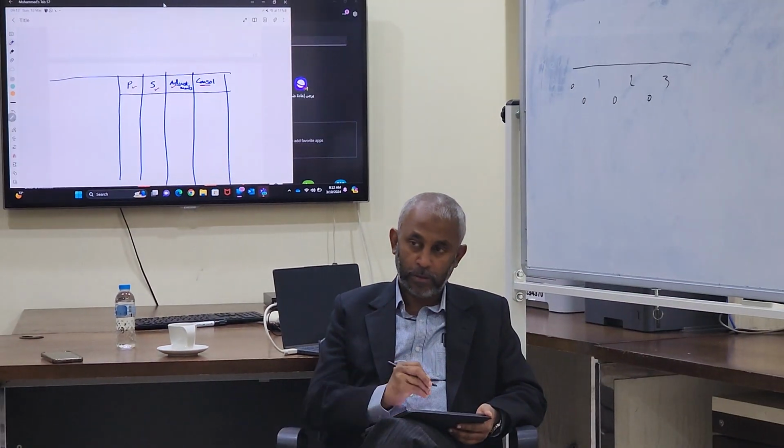And the fourth column is the consolidation column. Now, if you are appearing in an exam, what is most important is that the examiner will not worry about this column, this column, this column. He doesn't worry about that. He only wants this column.